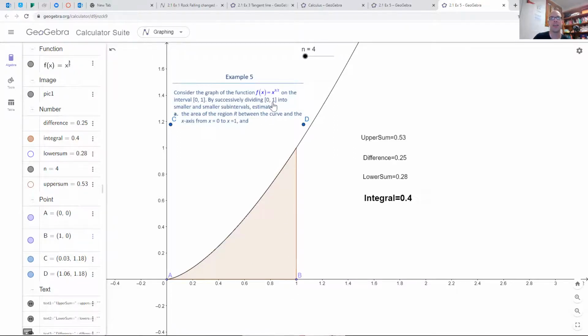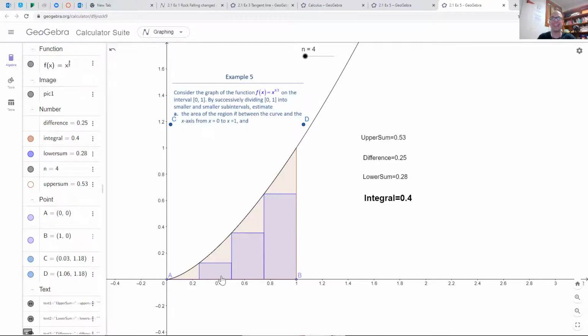And what we're going to do is divide this interval from 0 to 1 into smaller and smaller subintervals and estimate the area of this region R, because right now, normal geometry doesn't work. We've got two straight edges here and then one curvy edge that doesn't really allow us to use a formula for the area of a triangle. But what we can do is estimate the value of this using rectangles.